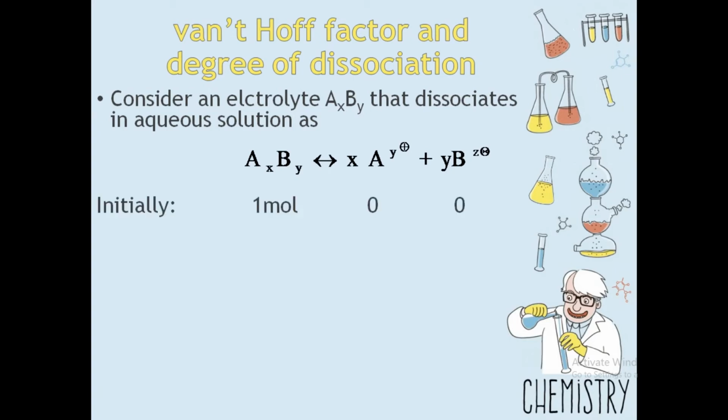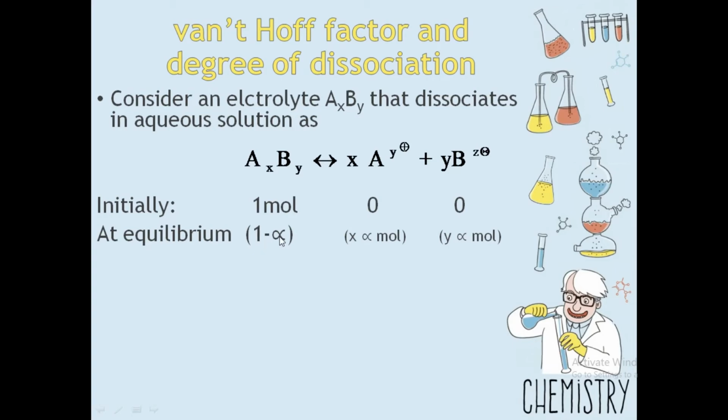So initially it is 1 mole of electrolyte. Initially it is not dissociated, so it is 0, and this is also 0. But at equilibrium, when dissociation occurs, alpha is the degree of dissociation, means alpha moles are dissociated.